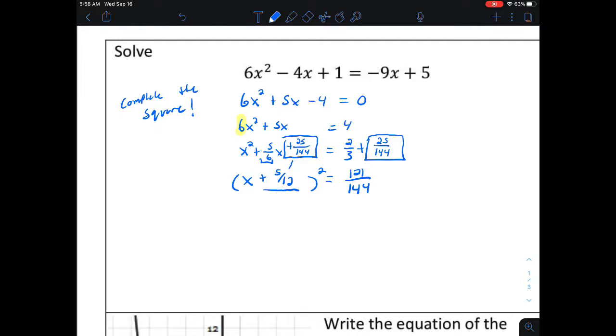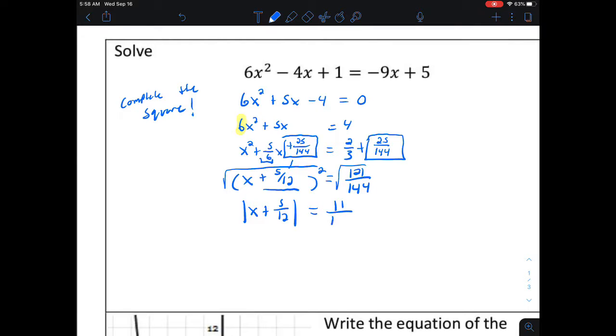All right, now we're going to take the square root of both sides. Remember, the square root of a square makes the absolute value. This would be 11 over 12.